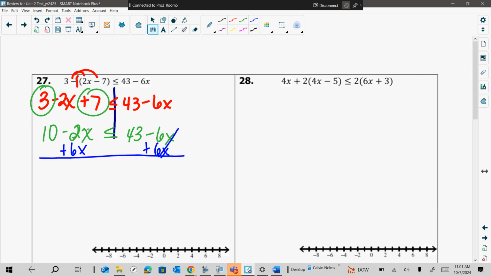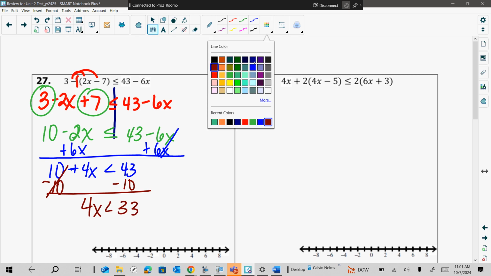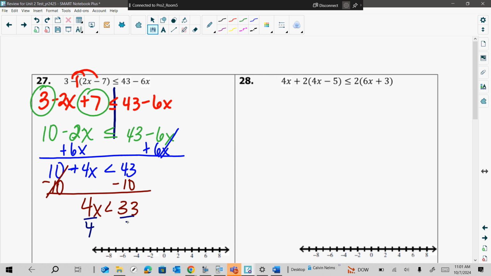Minus 30, minus 10, you get 43. And then you should have subtracted your 10 to get the 4x term isolated. Then we're dividing by the 4. So x is less than 8.25.